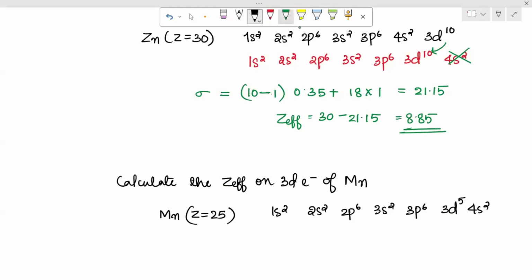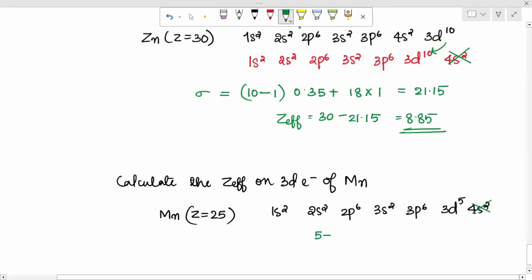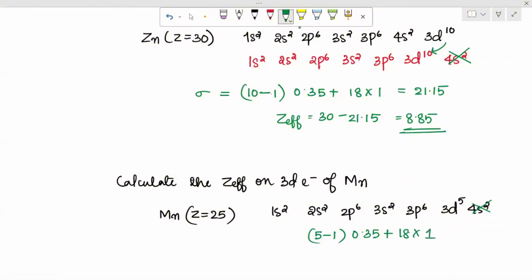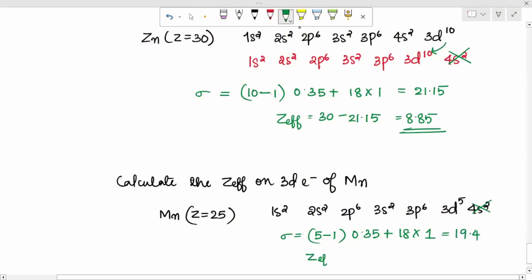They have asked us to find the Z effective for 3d electrons, so 4s need not be considered. How many electrons are there in D? 5 minus 1 into 0.35 plus remaining there are 18 electrons into 1. So 4 into 0.35 plus 18 gives us a screening constant of 19.4. So the Z effective over here is going to be 25 minus 19.4, which is 5.6.